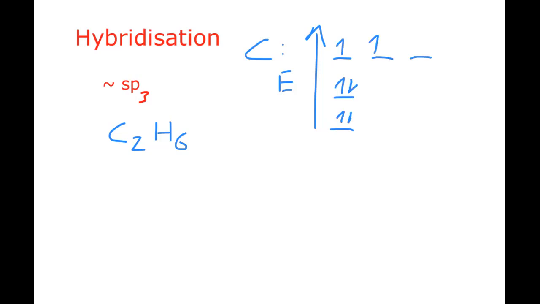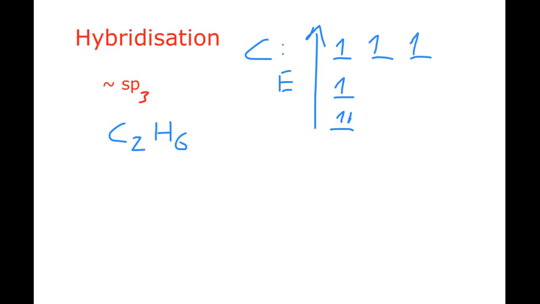So this is carbon's configuration for the ground state. Now, when carbon goes into the excited state, this electron goes into the pz orbital. So this will be the configuration for the excited state of carbon.